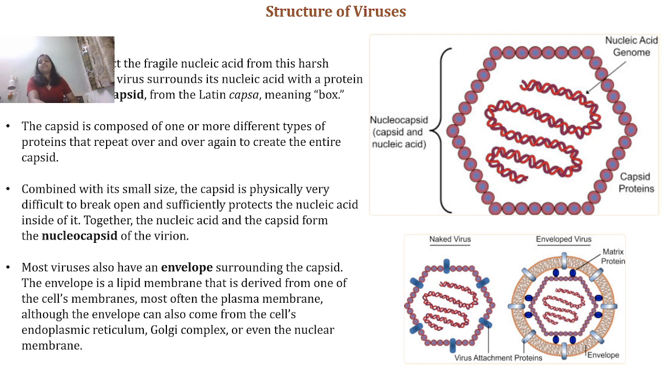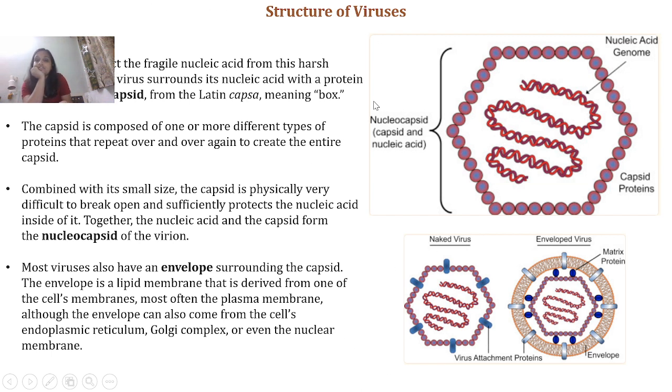So the nucleic acid and the capsid together is known as the nucleocapsid. So this is the nucleic acid, and this is the capsid, and together they are known as nucleocapsid. Apart from this, there are some viruses which are enveloped. For example, influenza viruses are enveloped, and they have an envelope surrounding the capsid.